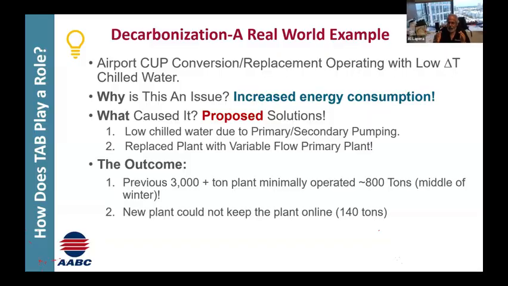So I'm just saying that a decarbonization measure could also be retrofitting an existing plant from primary-secondary to variable flow primary, if the chillers can do it. But again, this is just to show you that a change of system scheme can make things work better.